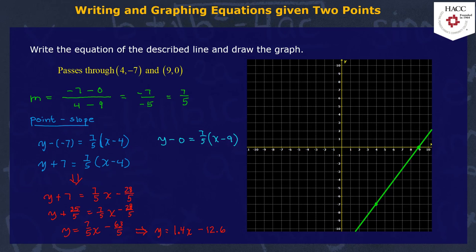If I had chosen to use the (9, 0) point, I would have gotten to the exact same conclusion for the slope-intercept form. So it doesn't matter which point you use in your point-slope form. When you convert to slope-intercept, you should get the same result. On to the next one.